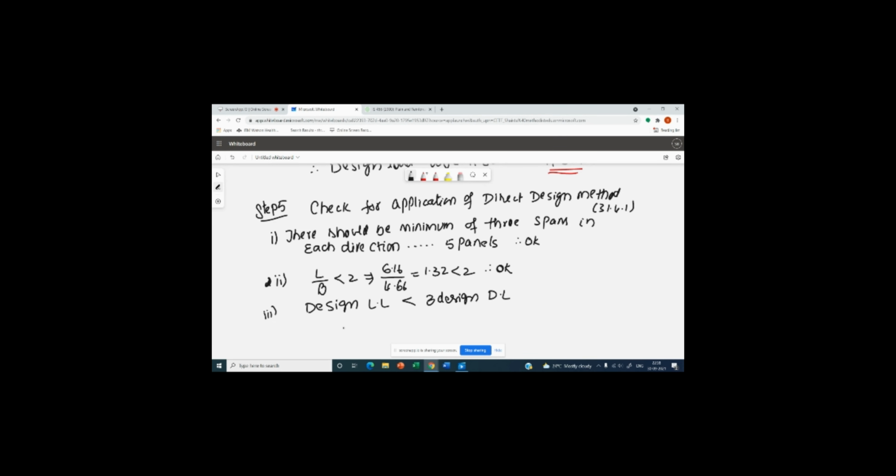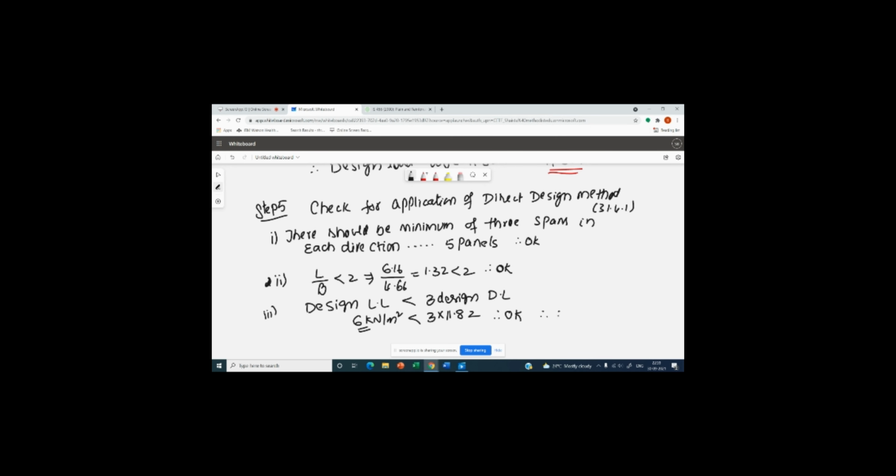So design live load is 6 and 3 times of design live load is 11.82. Design dead load is 11.3. So obviously live load is less. Okay. So all these 3 limitations we have passed. So that means we can use the direct design method.